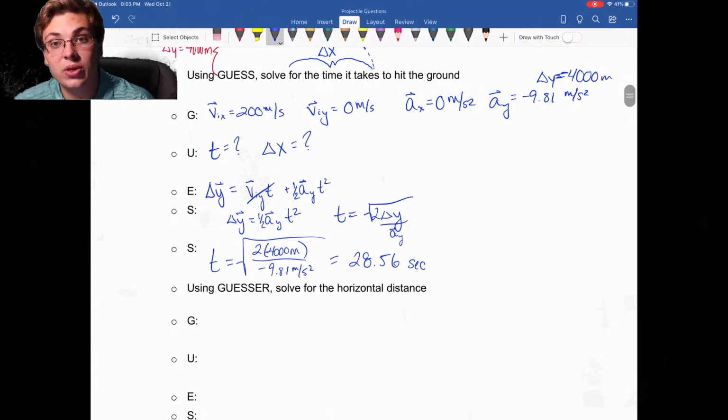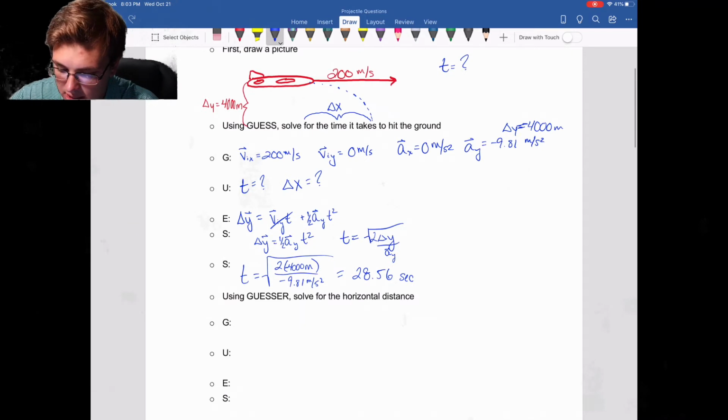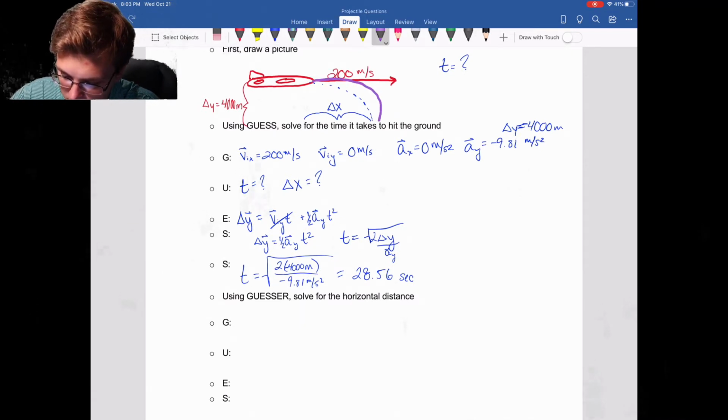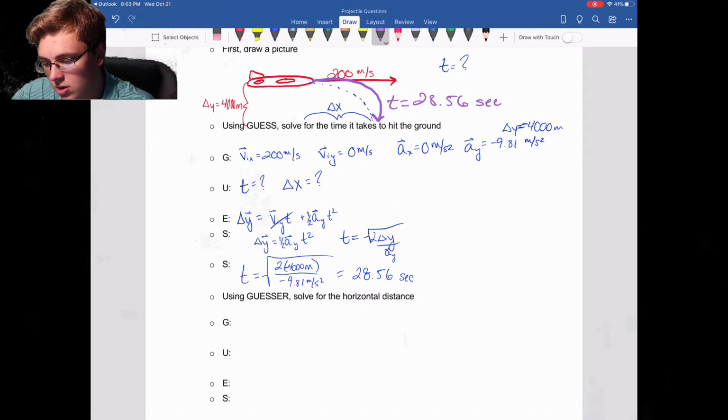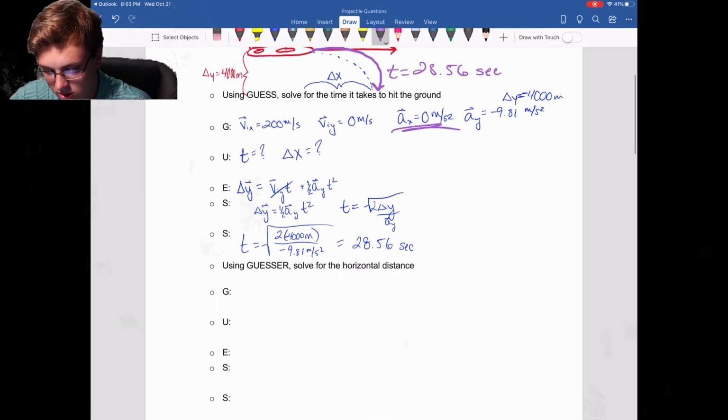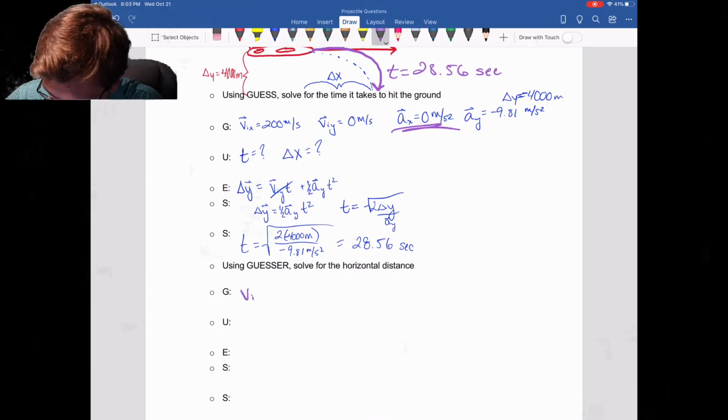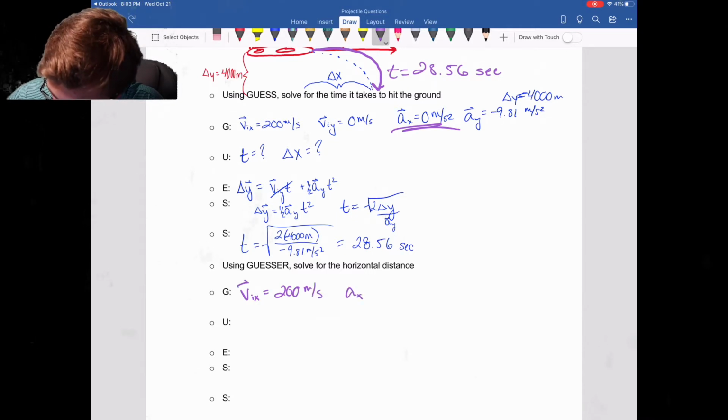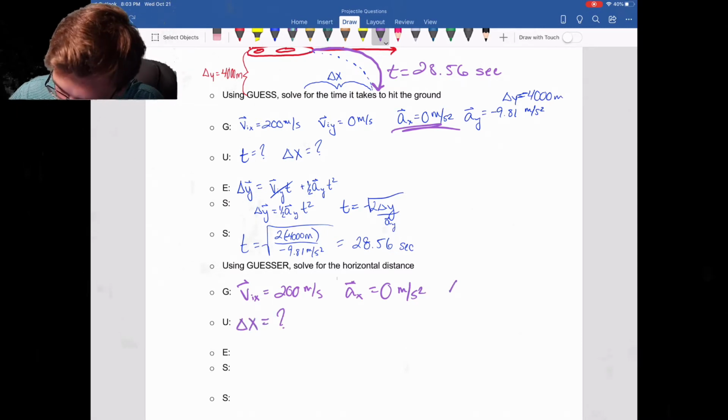Now from there, with our time, we know how long it takes for this projectile to fall down. We know our time equals 28.56 seconds. And we know that our acceleration in our x direction is 0, which works out perfectly. So our Vix equals 200 meters per second, and Ax equals 0 meters per second squared. Our change in x is what we don't know.